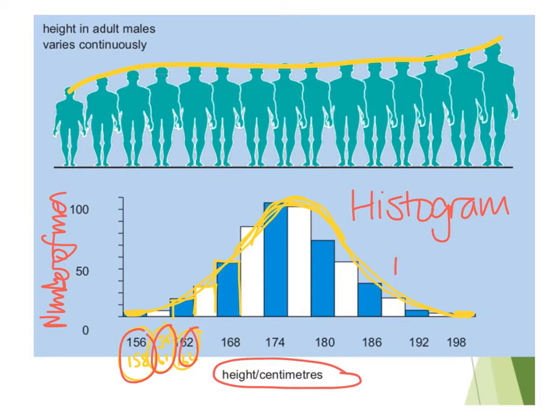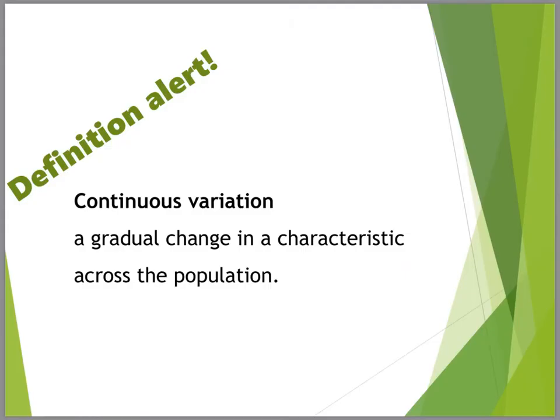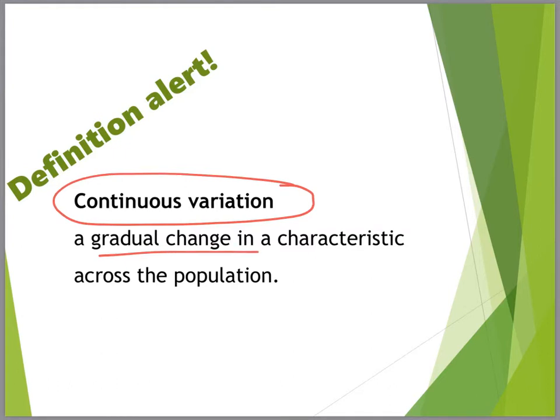But the key thing is that there are no spaces in between the bars in a histogram. That type of variation is called continuous variation. And there's a gradual change in a characteristic across a population.